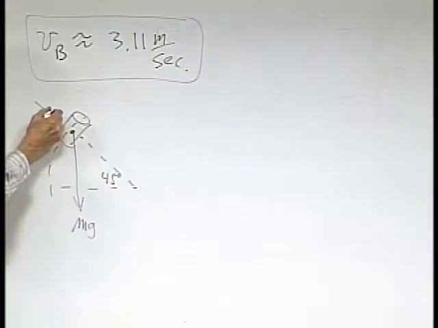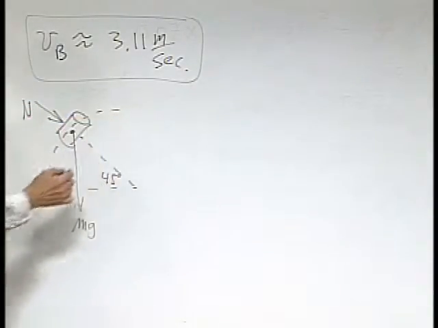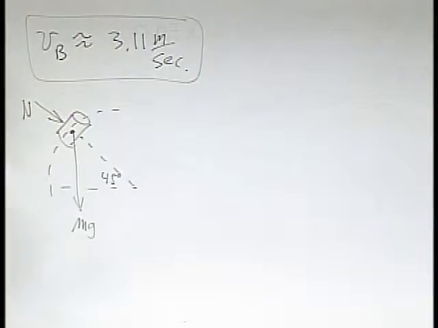I'm going to place this arbitrarily, I just have to make sure I place it in the proper direction, transverse to the curve, and then I need to define some unit vectors on here, because we're trying to figure out what this normal force is at this location B.